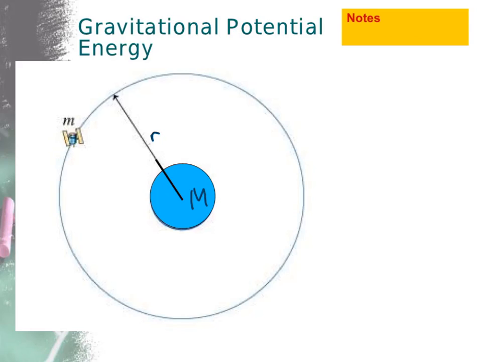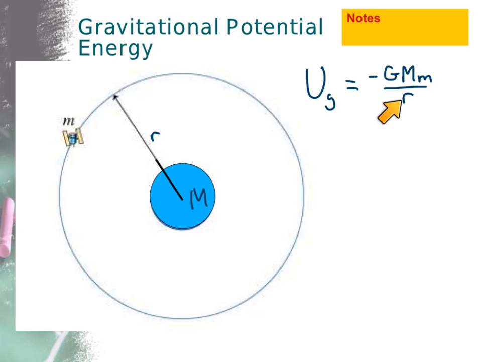If we start dealing with large objects and things out in space, we use a different formula for gravitational potential energy, which turns out to be negative capital G, big M, little m, divided by r.